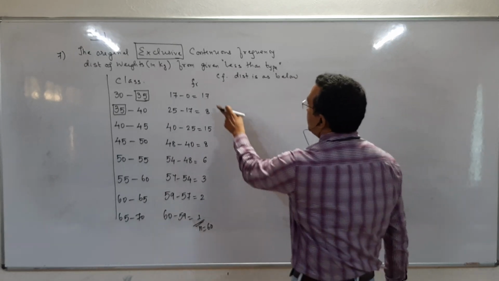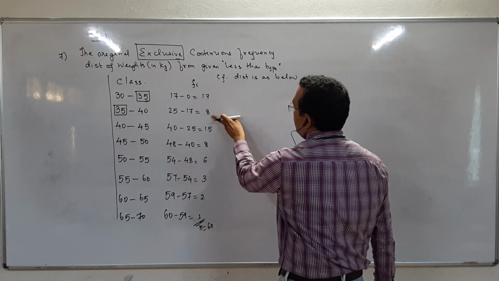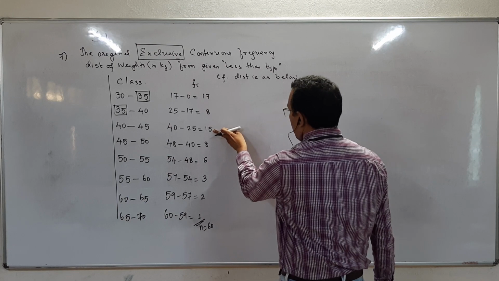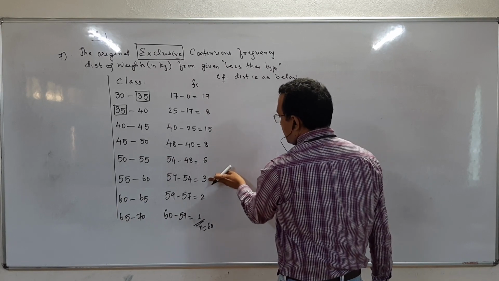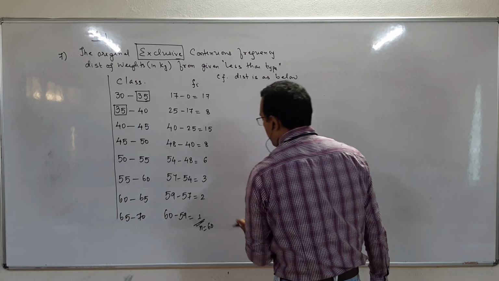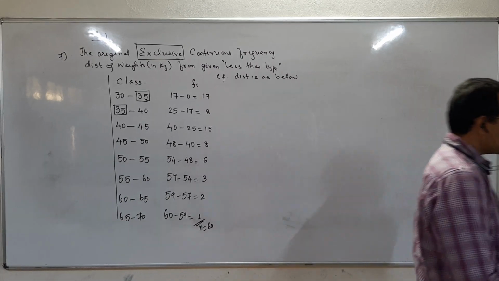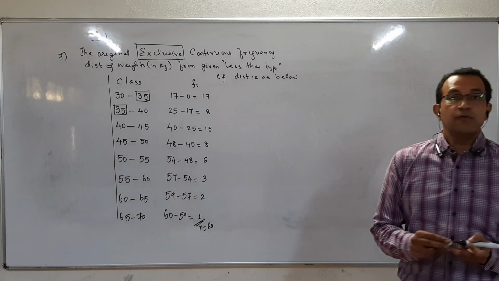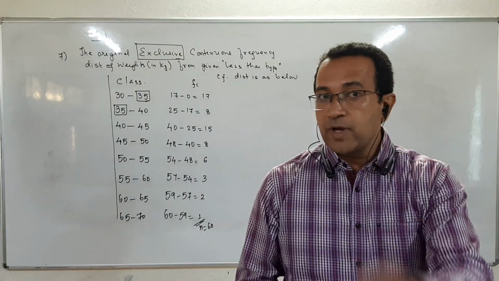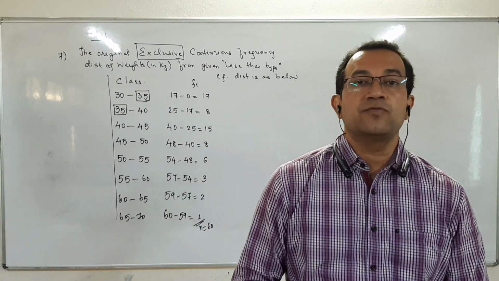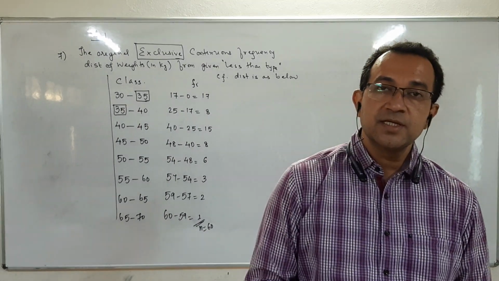Check: 17 plus 8, 25, plus 15, 40, plus 8, 48, plus 6, 54, plus 3, 57, plus 2, 59, and 1, 60. So the hint is, where cumulative frequency is 0, that value becomes the lower limit of the first class.